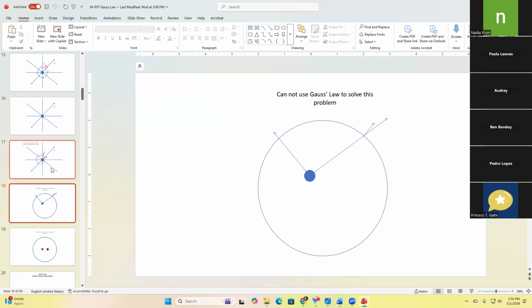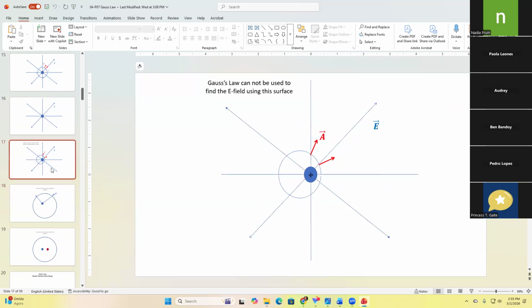And like I mentioned before, it is possible to calculate the electric flux through this closed surface. What is not possible is to calculate the electric field through this specific surface that's not centered at the charge. I mentioned that before, right? So keep that in mind.